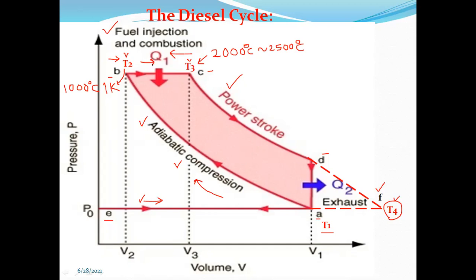Then B to C along this way, then C to D along this way, then D to A along this way, and then exhaust stroke A to E. So this is the indicator diagram. Also, during examination, you have to mention V1, V2, and V3 denoted by dotted lines.